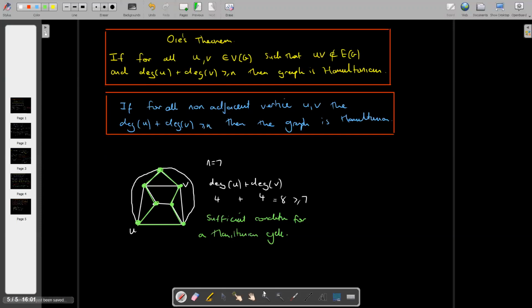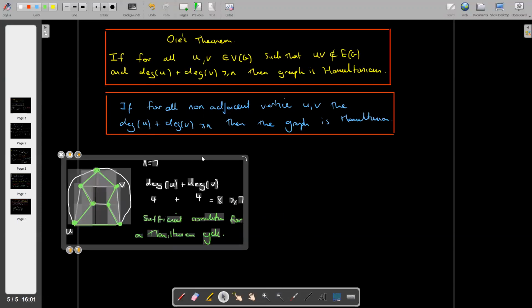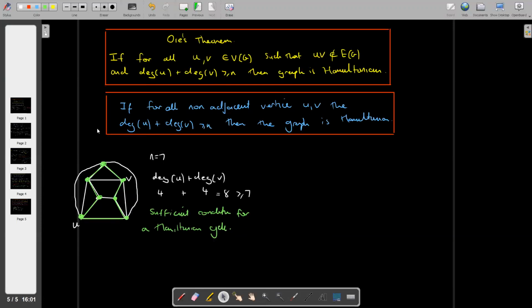However, it's not a necessary condition. So I stole that one from Wikipedia. This one is not stolen from there, but it's kind of obvious. 1, 2, 3, 4, 5, 6, and another one. So this is another graph with 7 vertices.